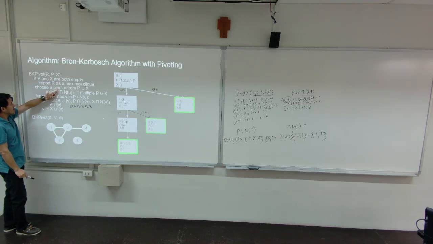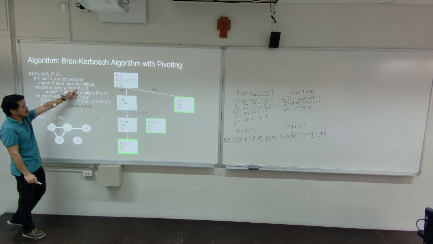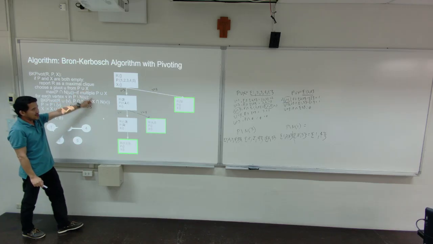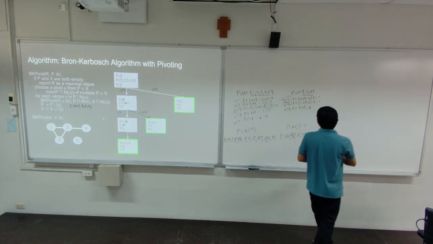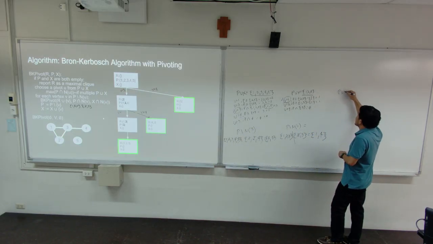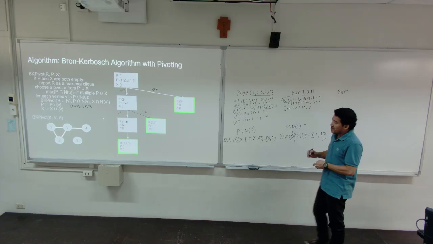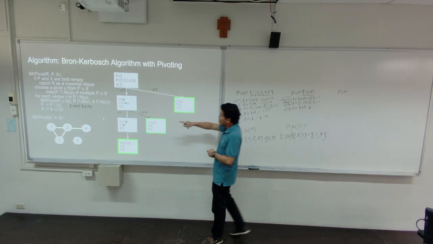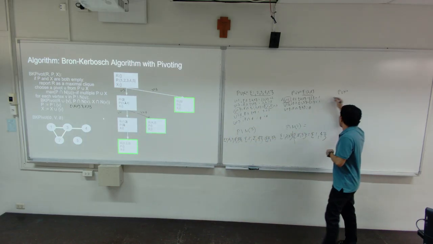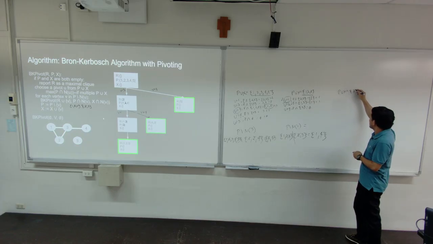Okay, and then you're going to create a pivot again. So you're going to union P and X first. Let's solve for the next. So union of P and X. What's the value of P here? It's just 2. The value of X is null. So it's just 2.